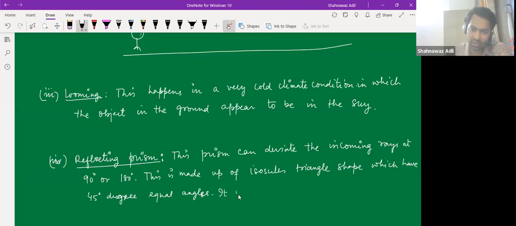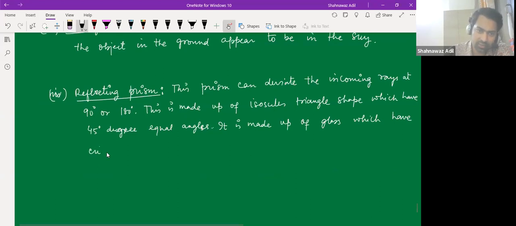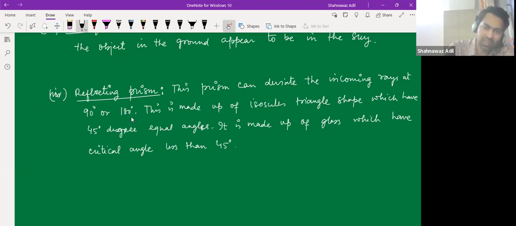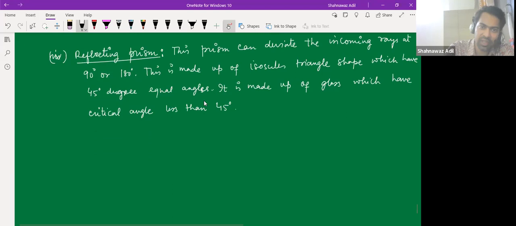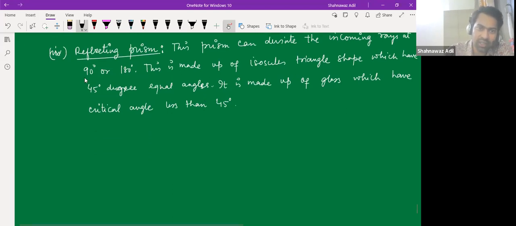So it is made up of glass which has a critical angle less than 45 degrees, right? So what is the use of this reflective prism? So this can deviate the incoming rays at 90 degrees, right? Or at 180 degrees.